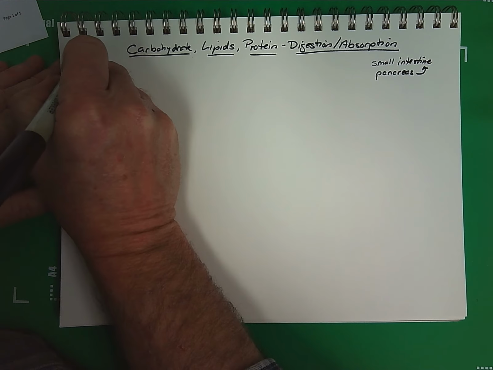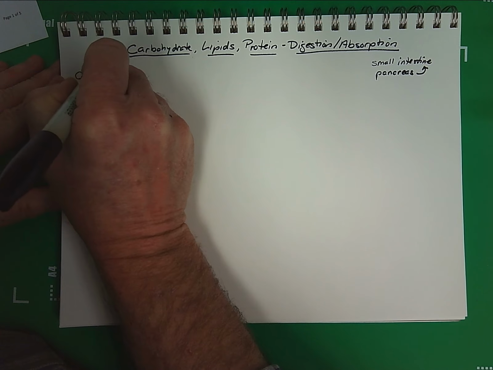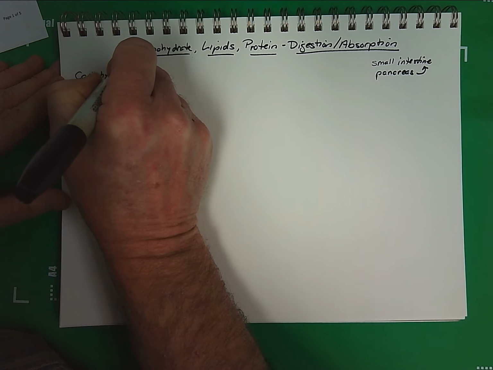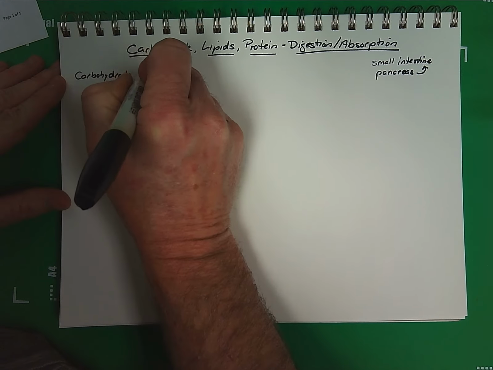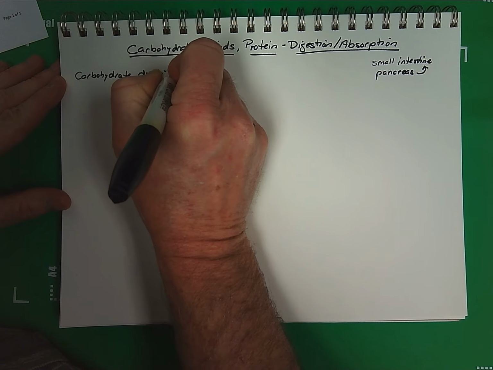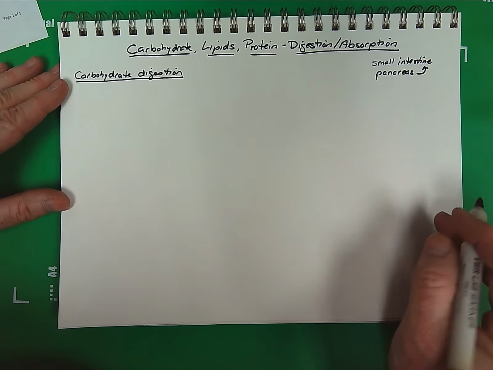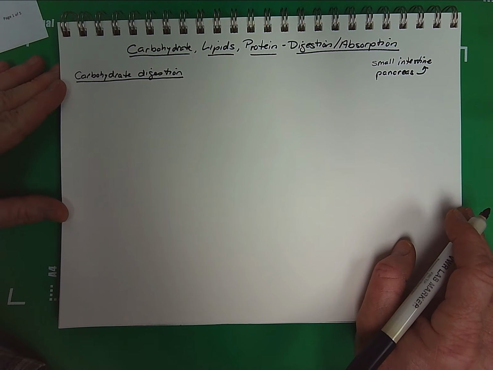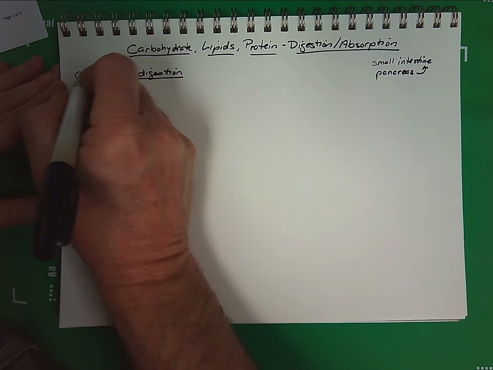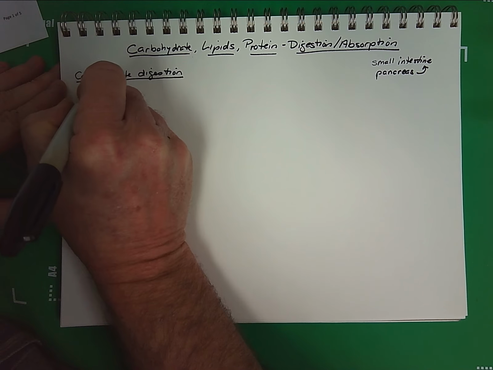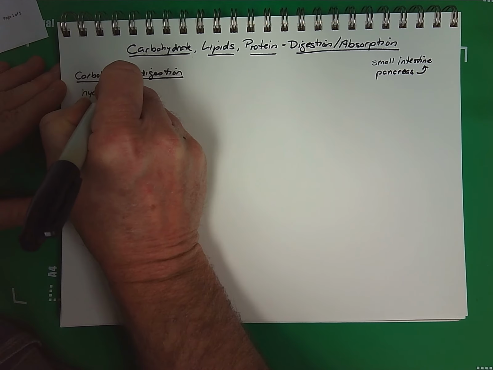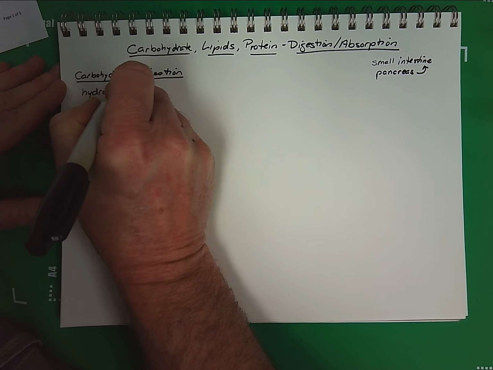So let's start out by talking about carbohydrate digestion. Now, the process of digesting carbohydrates is a very simple biochemical mechanism. The enzymes are all part of a group called hydrolases.